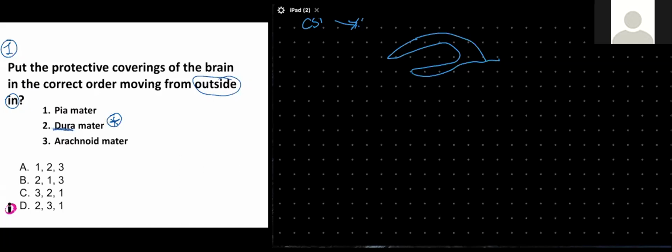Dura, remember, strong, tough. What comes next is going to be the one that has spaces and contains the blood vessels. This is my arachnoid mater. So you've got 2, 3, and the delicate membrane that's going to be adhering to the outer brain tissue. This is going to be my pia mater. So the good answer here is going to be D.